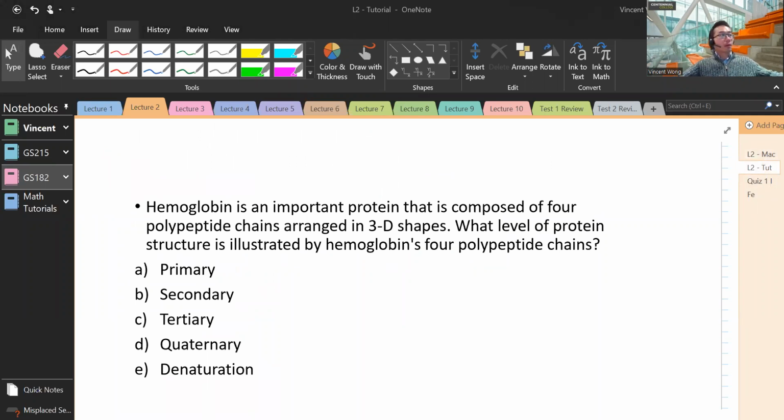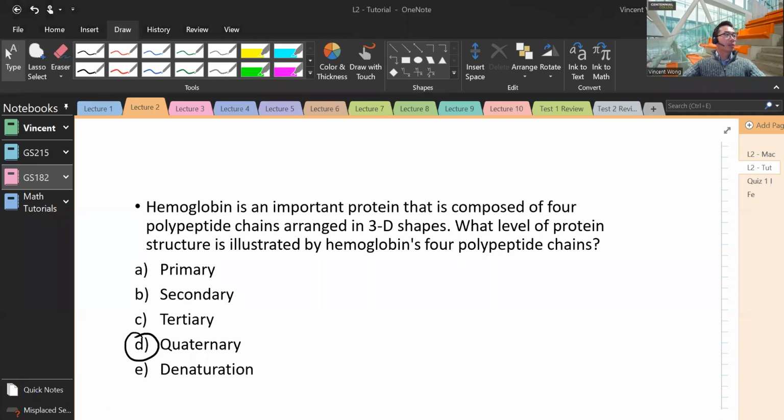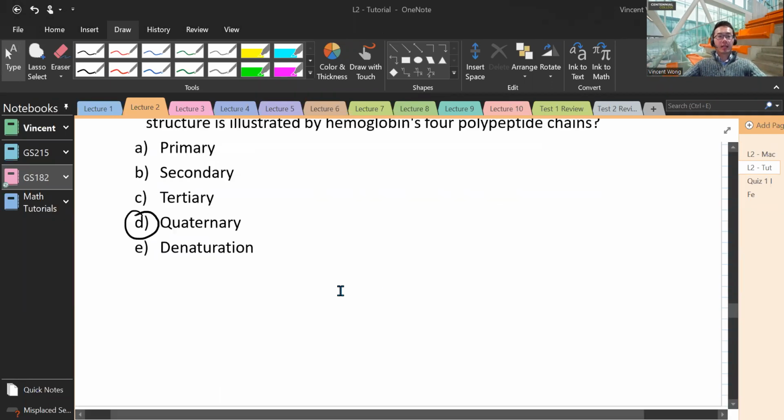Go ahead. The correct answer is quaternary, because it has multiple polypeptides coming together, right? Good.